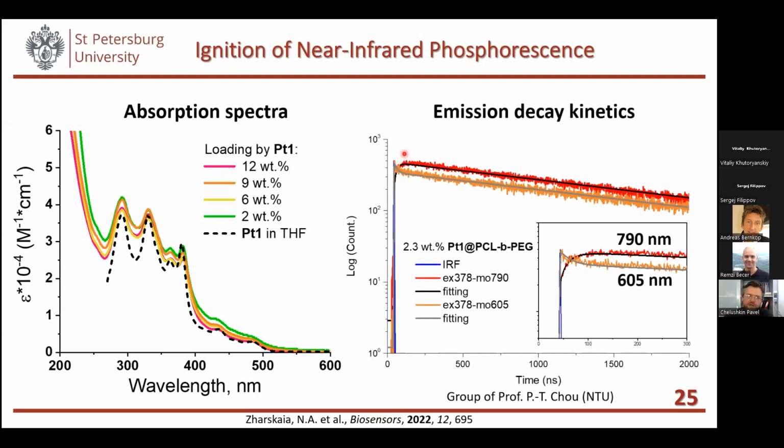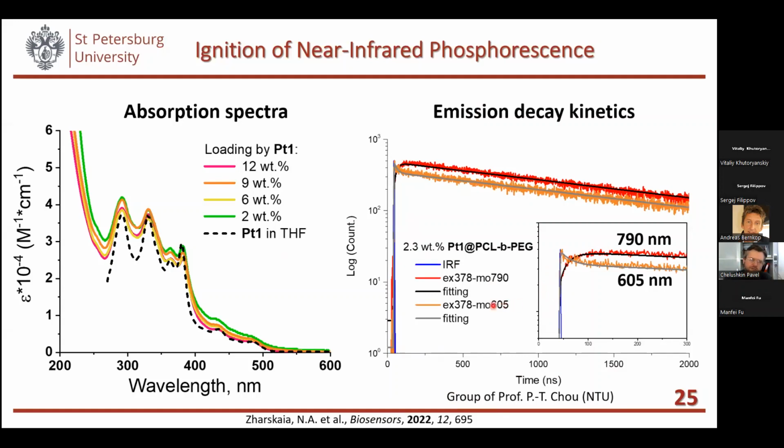emission decay kinetics performed in the group of Professor Cho at National Taiwan University by our request have shown that here we deal with classical acceptor and donor type interaction.